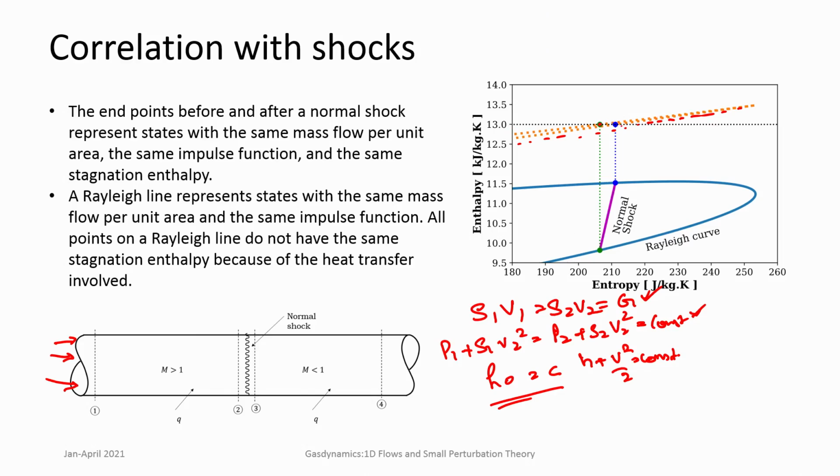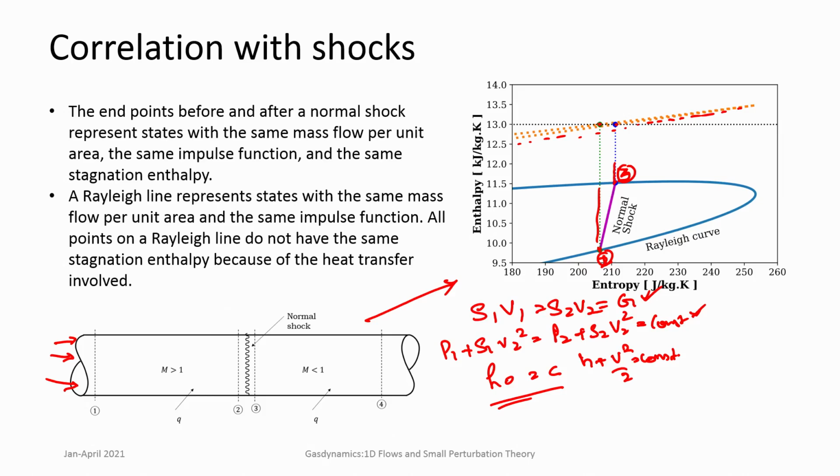It cuts the lower and upper branches at particular points on the stagnation lines. So, they have the same stagnation temperature, stagnation enthalpy, and we look at the corresponding points on the Rayleigh curve. They will correspond to the shock points on a Rayleigh curve. So, this is the point before the shock, that is 1, and this is the point after the shock. If you correspond to this one, this is point 2 and this is point 3. So, you can locate a shock on a Rayleigh curve.